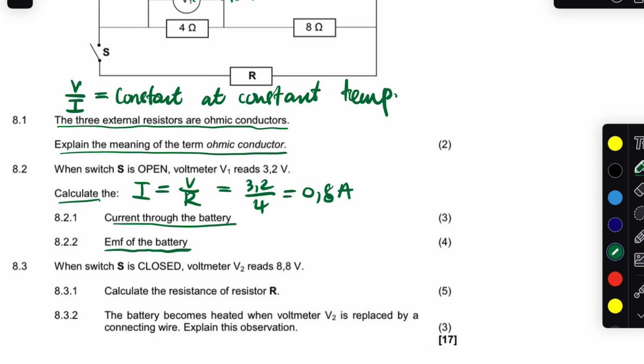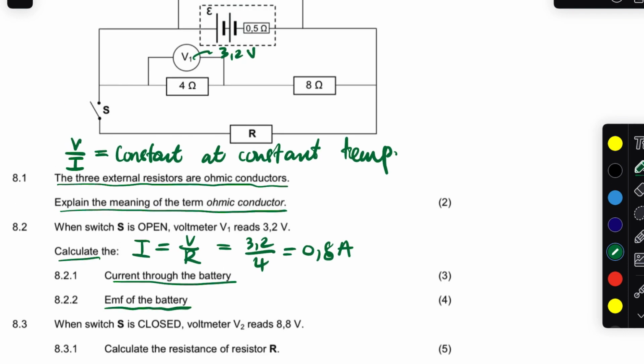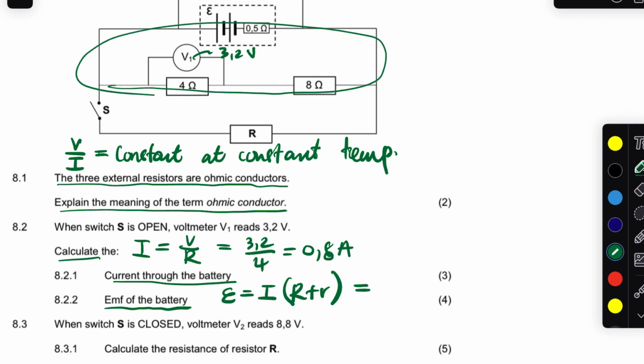Now 8.2.2: calculate the EMF of the battery. So guys, the EMF of the battery does not change, and there is the internal resistance here. To calculate the EMF, we use the formula EMF is equal to I times (R plus r). We take 0.8, guys, which is the total current that passes there, right?